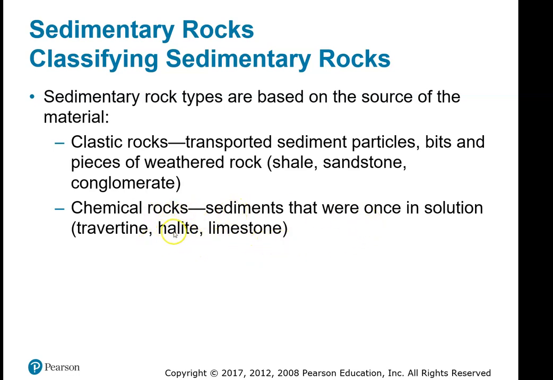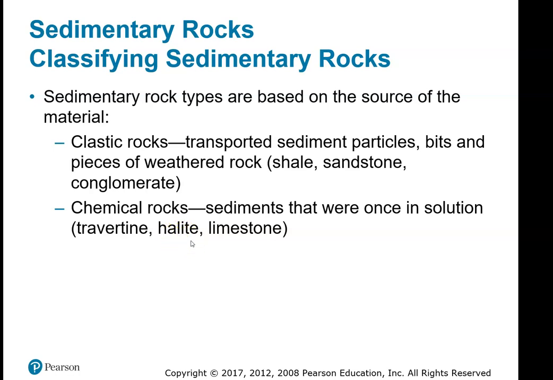For example, halite is what becomes salt, right? This is from salt water evaporating, and the crystals of salt will form, and you'll have halite, right?